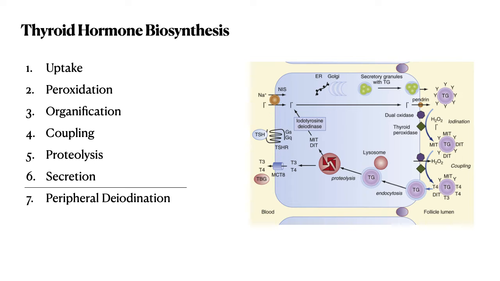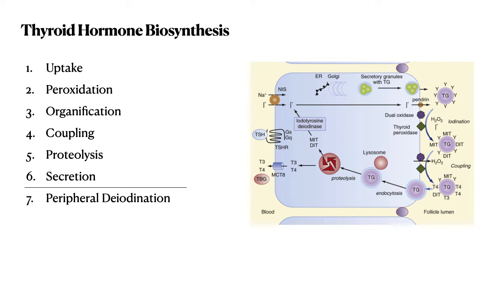If you will see in the third purple circle, some of the MIT, monoiodotyrosine, fuses with diiodotyrosine, which means that tyrosine molecule has two iodine residues.